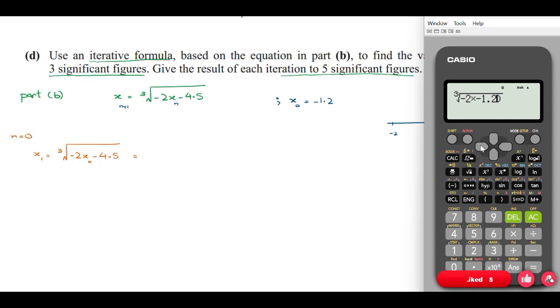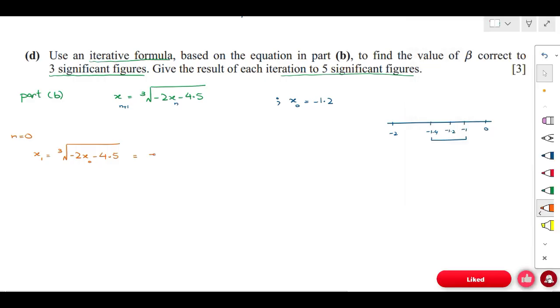Put this in brackets, it's better. Up to 5 significant figures, 1, 2, 3, 4 and 5, so this turns to 6, minus 1.2806. That is minus 1.2806, the first iteration, right?